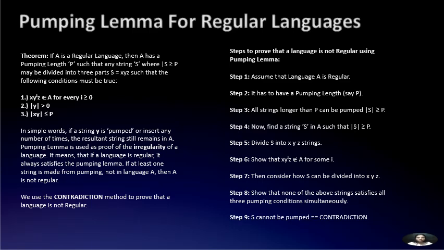Step 6: show that XY^iZ does not belong to A for some i. Step 7: then consider how S can be divided into XYZ. Step 8: show that none of the above strings satisfy the three pumping conditions simultaneously. Step 9: S cannot be pumped. That equals a contradiction.